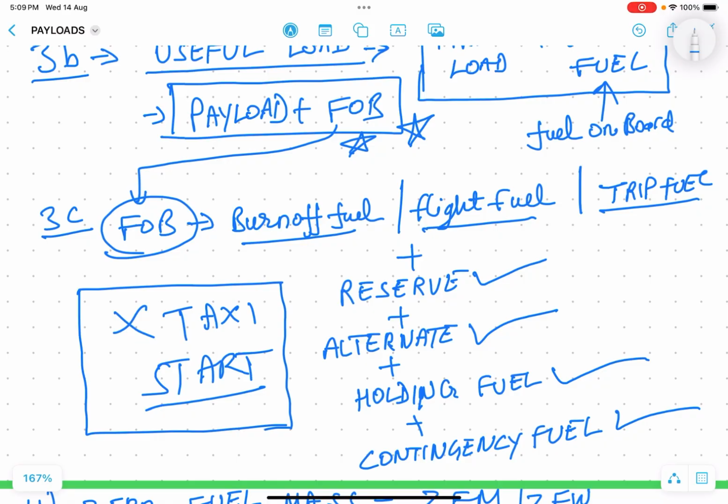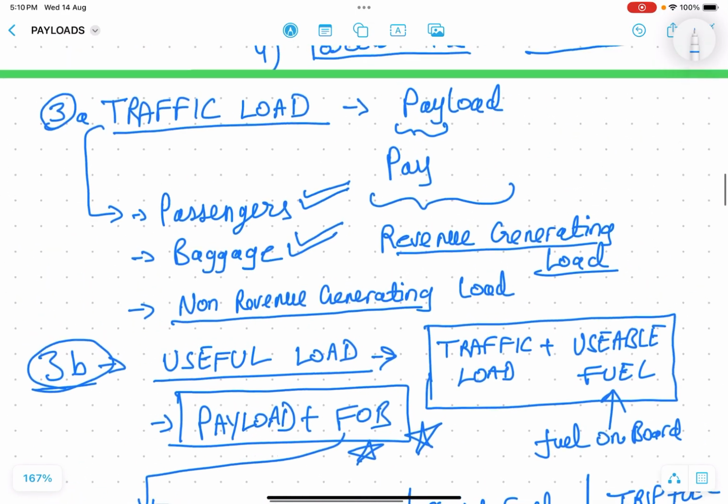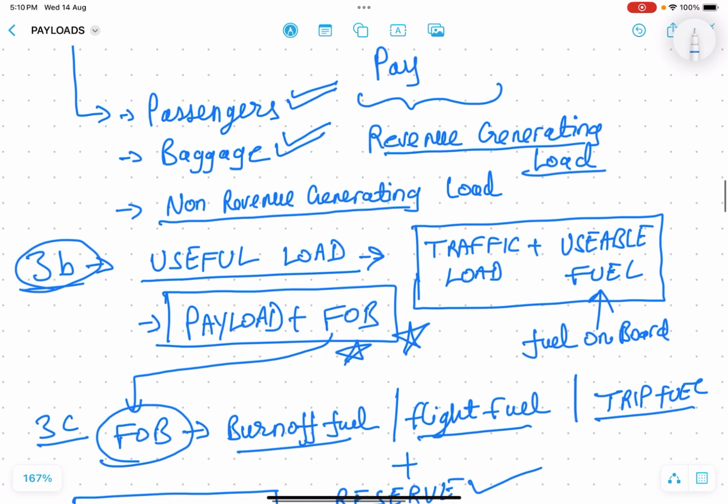All these together are called fuel on board. The third part in the traffic load is useful load. So basically when we add the traffic, it means the passengers and their baggage, and the usable fuel, we get useful load. So useful load is payload plus fuel on board.